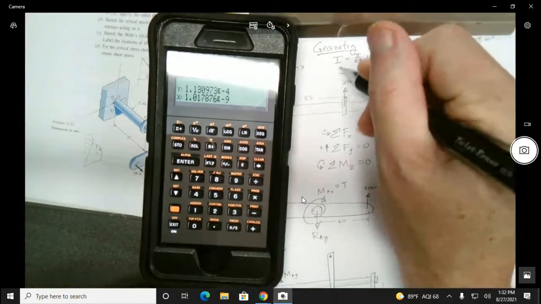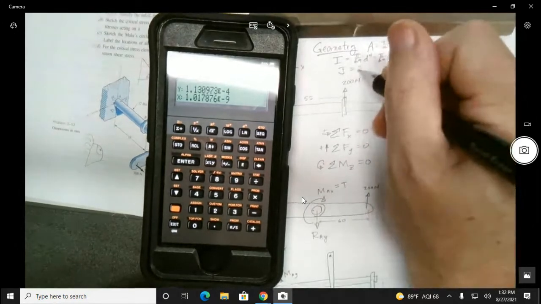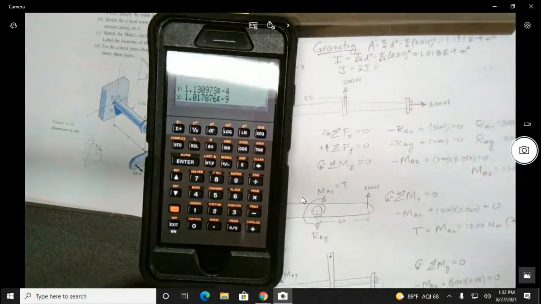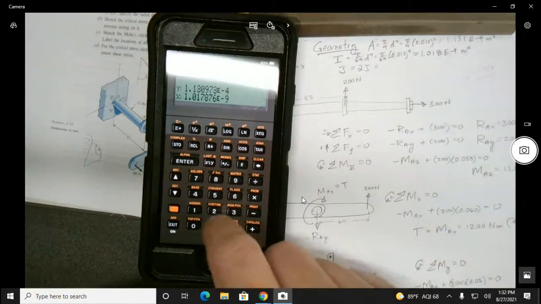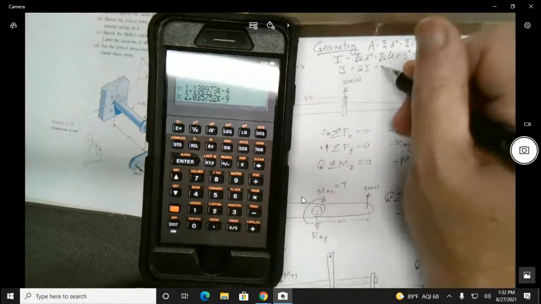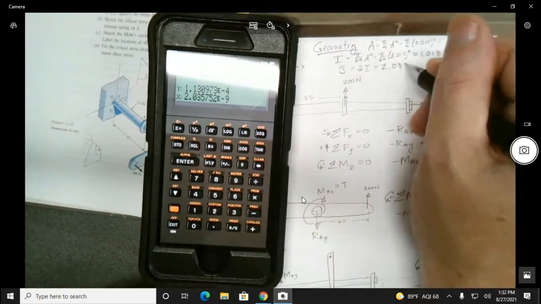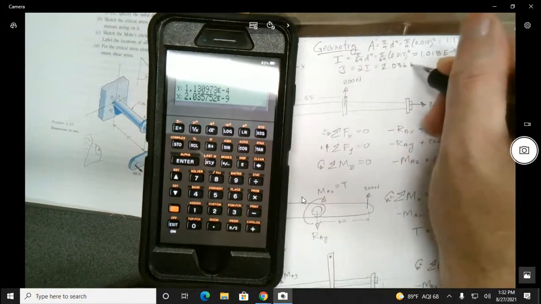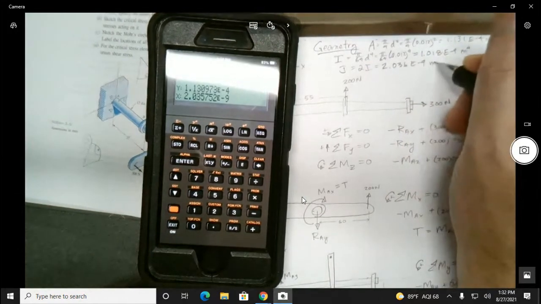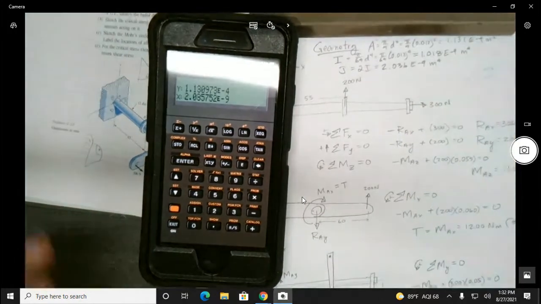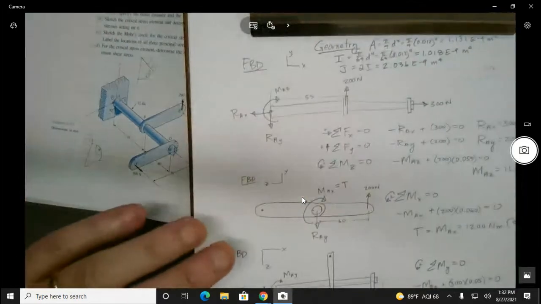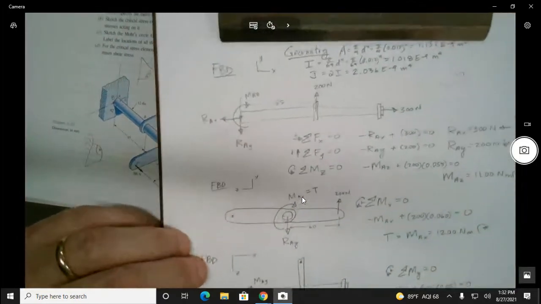Okay, cool. J, when it's a circle, is just 2 times I. So we can take an itty bitty shortcut there. It's nice to get those out of the way. What's the question? What are we solving for? Oh, we really should have said that right there.